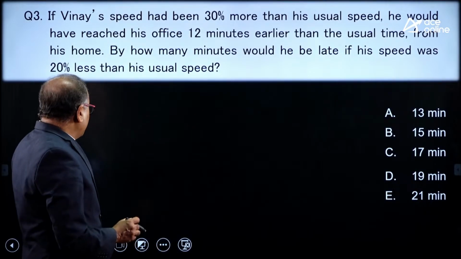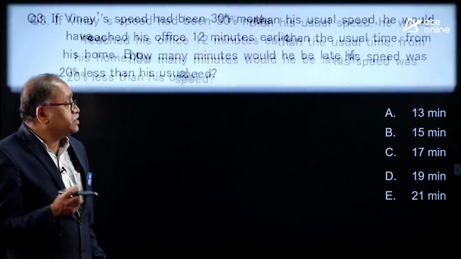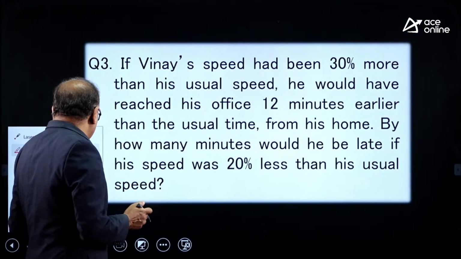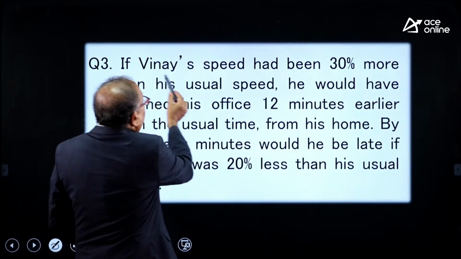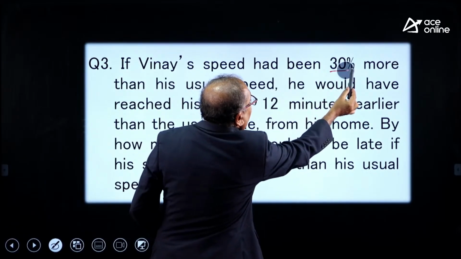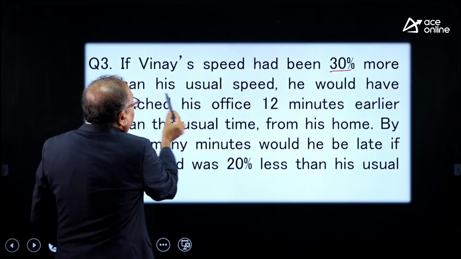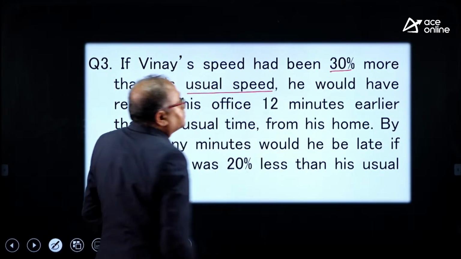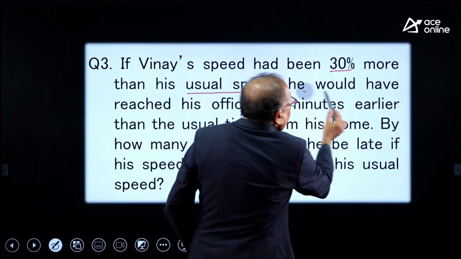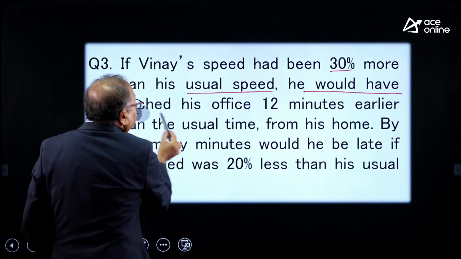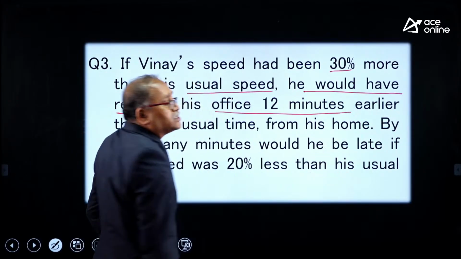Okay. Now, this is the question. I will close the question first and we will read the facts of the question. And what are the facts? If Vinay's speed had been 30% more than the usual speed, he would have reached the office 12 minutes early.